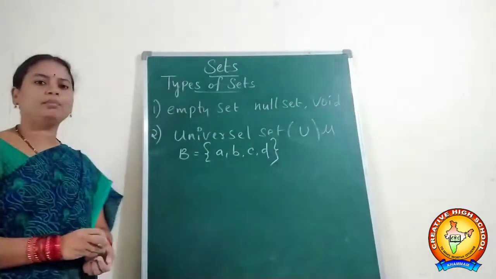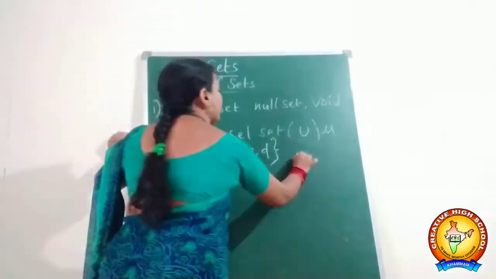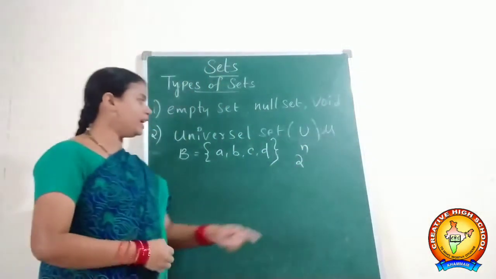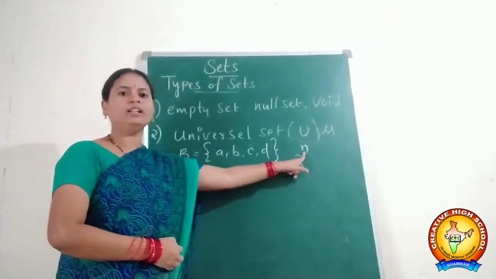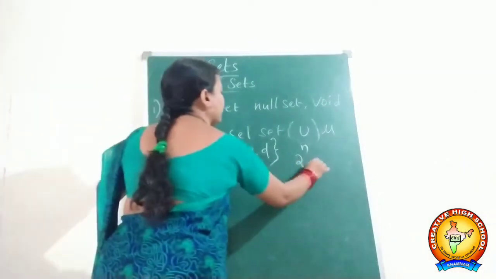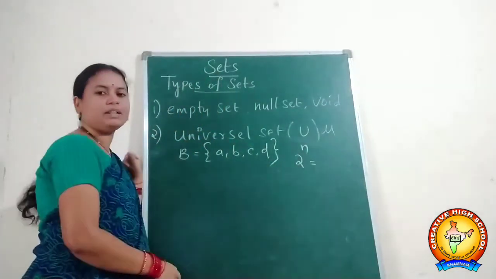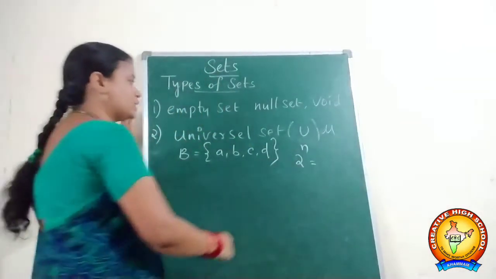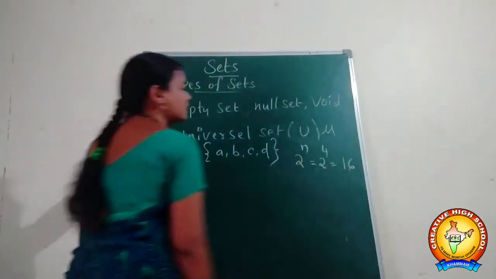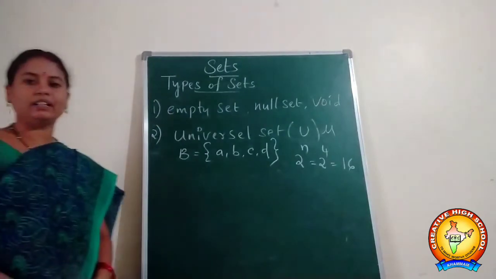We have one formula, 2 to the power of n subsets. Here n is the cardinal number of the set. Total 4 elements are there, so 2 to the power of 4. That means we have to write 16 subsets.